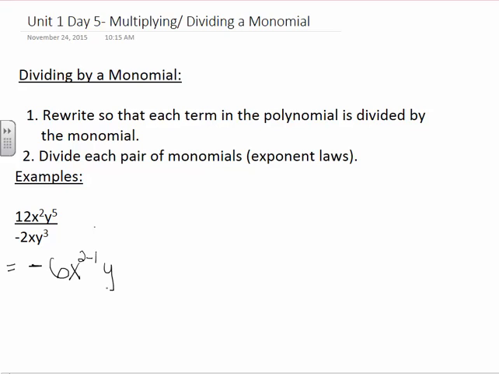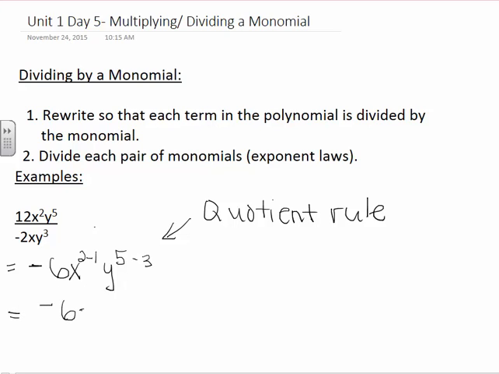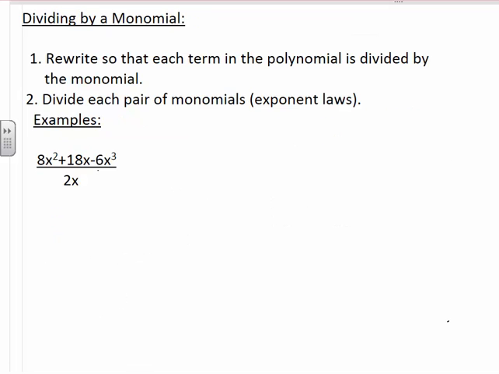And then our y's, we have y 5 minus 3. Again, this is the quotient rule. That tells us when dividing exponents of the same base, we subtract the numbers. And now we are left with negative 6x y squared.